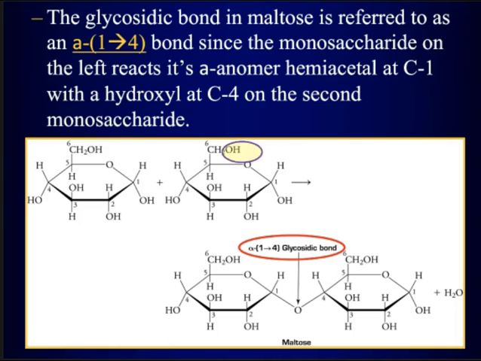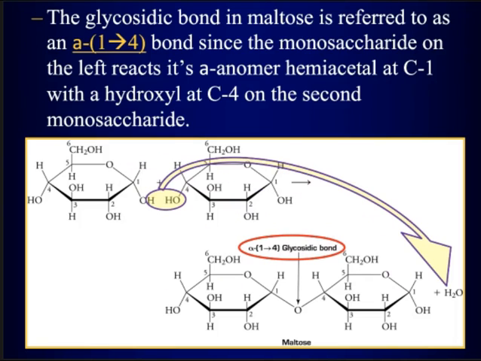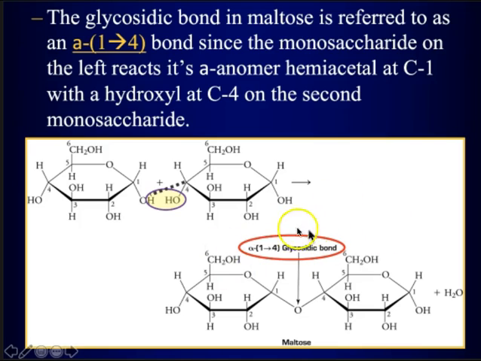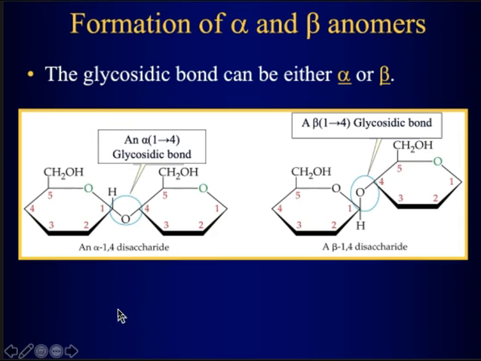Just as a reminder, this is forming because I'm going to take away that OH and H and produce water here. Then once water is formed, I get a linkage between the residues. That is what we are naming, that linkage here. So we just looked at an alpha bond, but here's another example of an alpha, and we'll look at a beta.